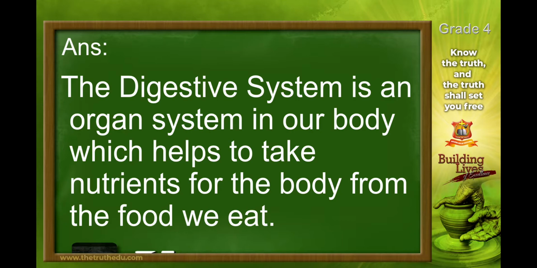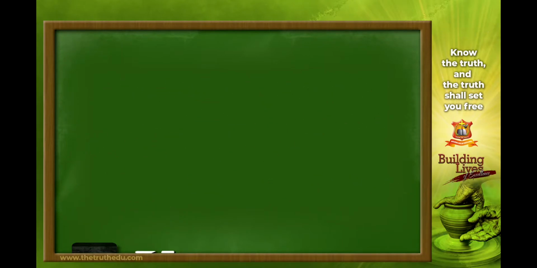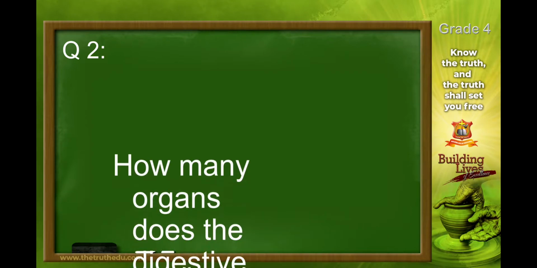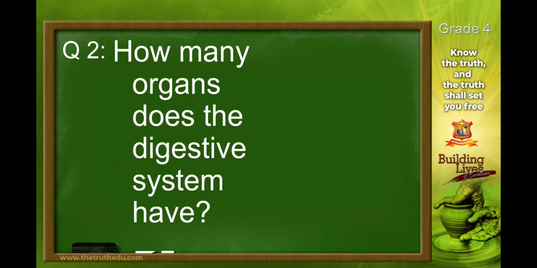How? The answer is the digestive system. The digestive system is a very important organ system of our body which helps to take the very important nutrients from the food that we eat and turn them to energy.